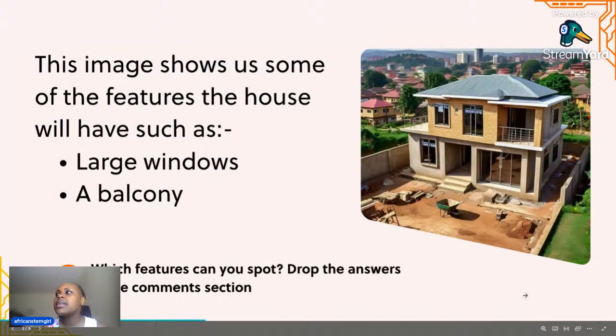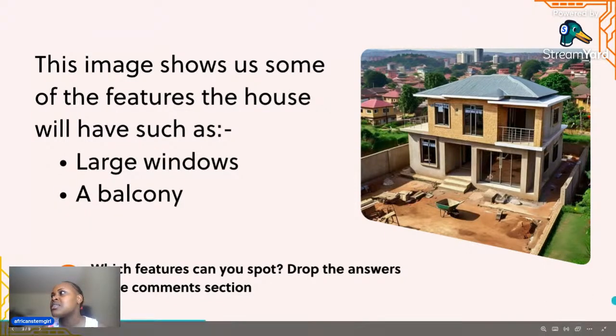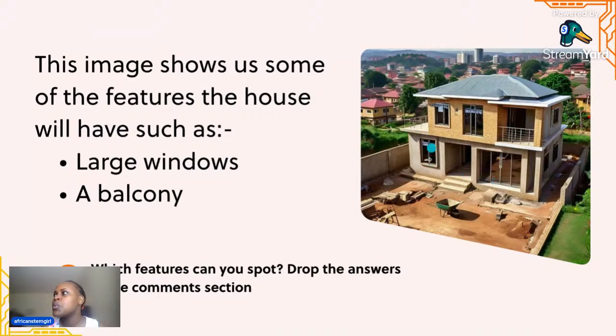If I look at this image, some of the things I can see that this building will have are these sliding doors here, a window, and a staircase, and then the door is right here.